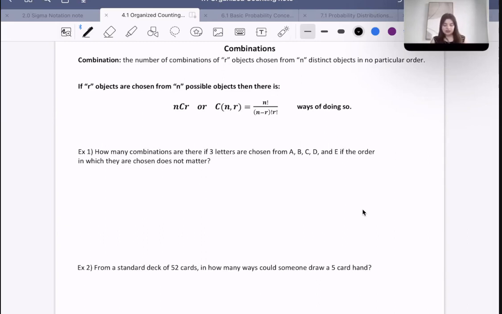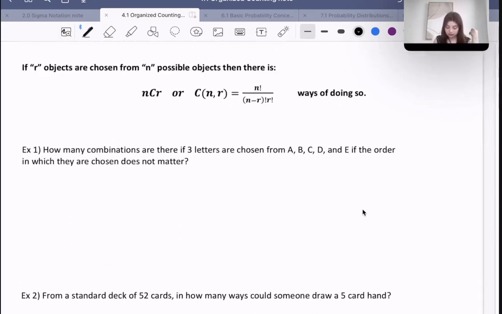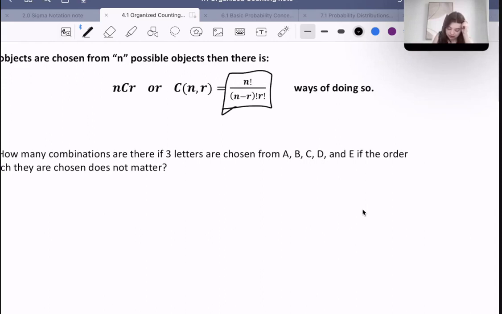So let's see. Basically, here nCr, or C with brackets n comma r, are the ways we can denote this, as it shows here. And it says there are this many ways of doing so. So let's review what's the difference between this and permutations. It's exactly the same equation, except here we divide by r factorial.